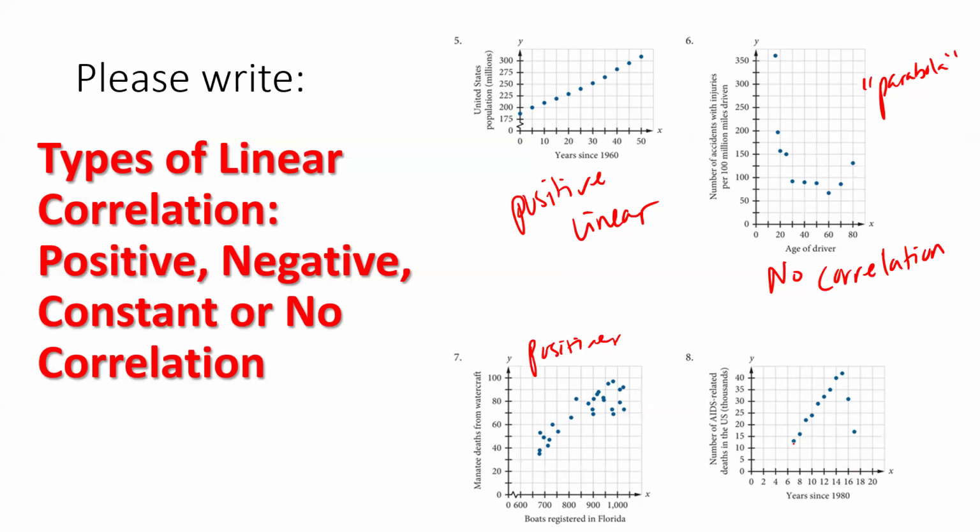It is a positive. Does anyone remember what it's called for the points that kind of mess up your data? They're called outliers. So you have a couple of outliers that would throw it off. But for the most part, overall, there is a positive linear correlation.